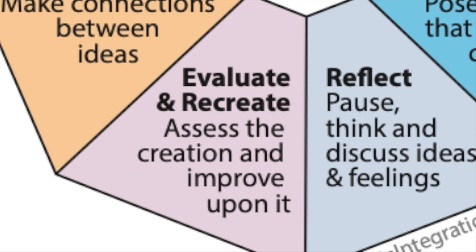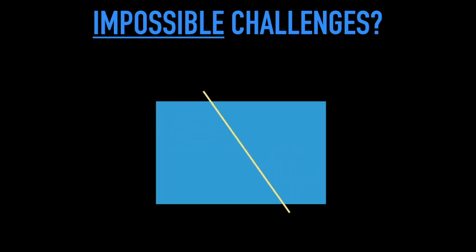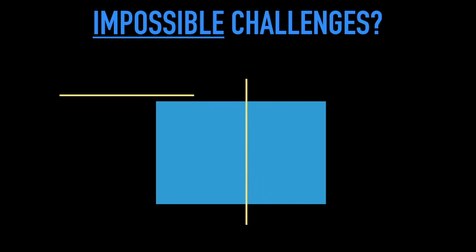Let's revisit the 5 tasks that we thought were impossible. They happen to be these: obtuse, acute, and equilateral triangles, trapeziums, and hexagons. What if, instead of using one piece of pasta, we were granted 2 pieces of pasta? Would these impossible challenges now be possible?